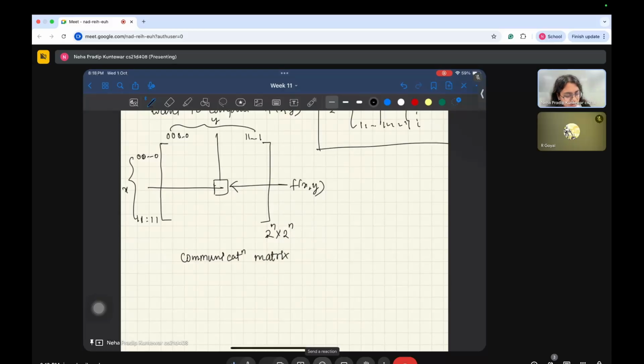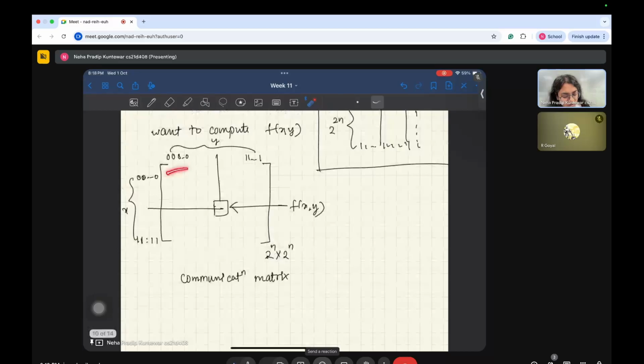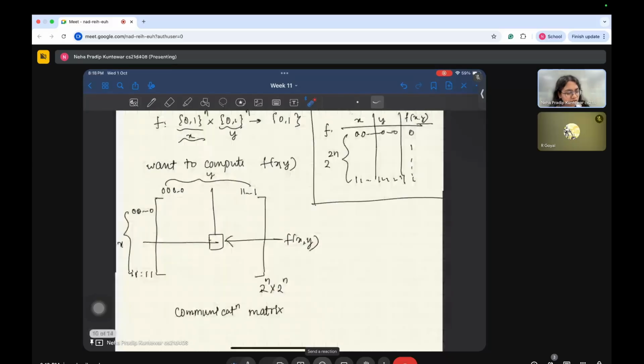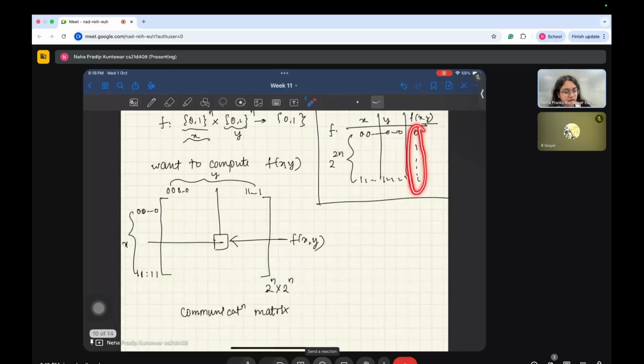These are essentially the same thing, because here also the 0 1 values of the function are 2 power 2n in number.